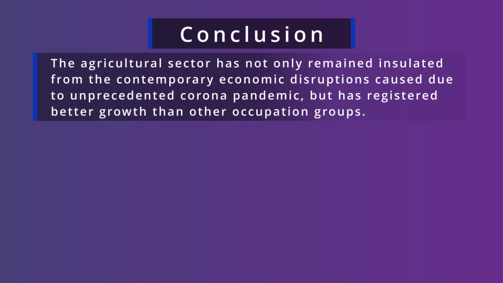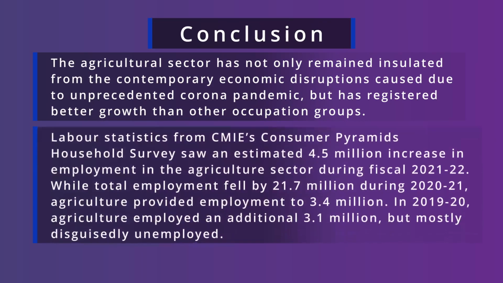Now, if we look at the CMIE's data in the year 2020-21, we will find that when the overall economy had a problem of unemployment and employment prospects were doomed, reduced by about 21%, the unemployment rate increased.